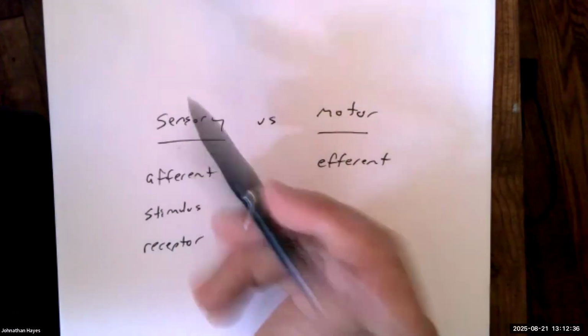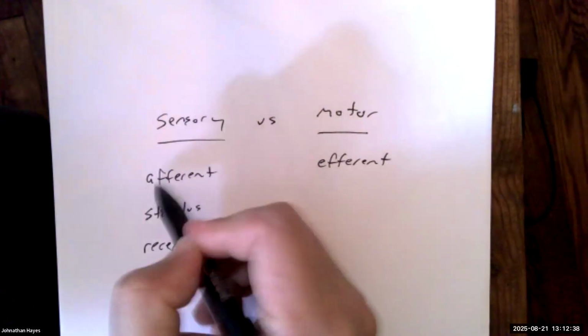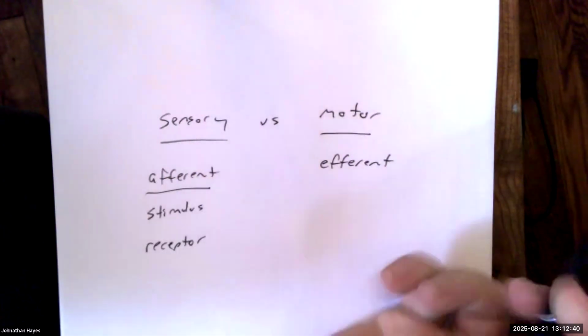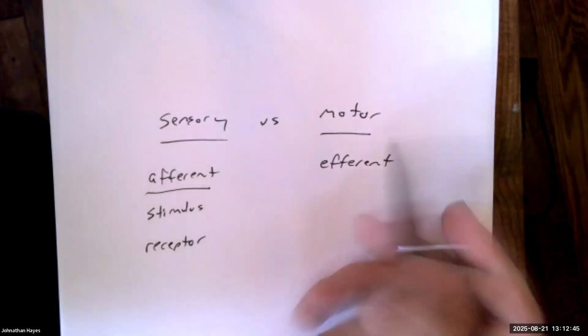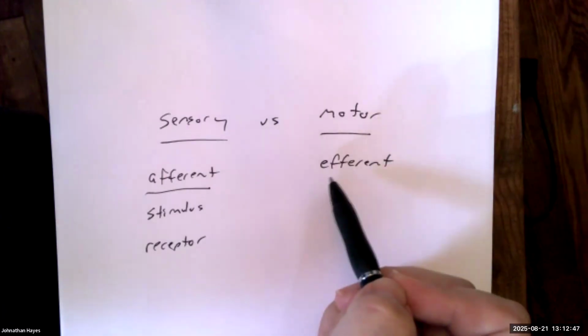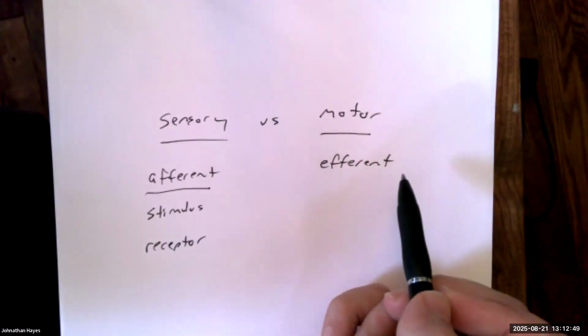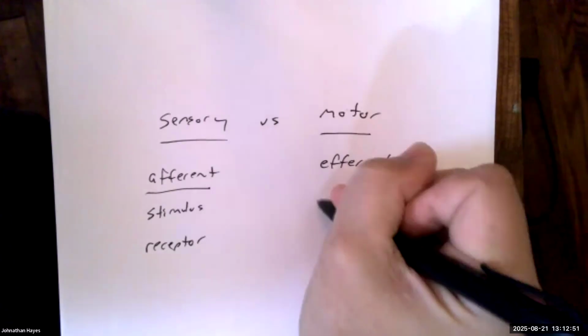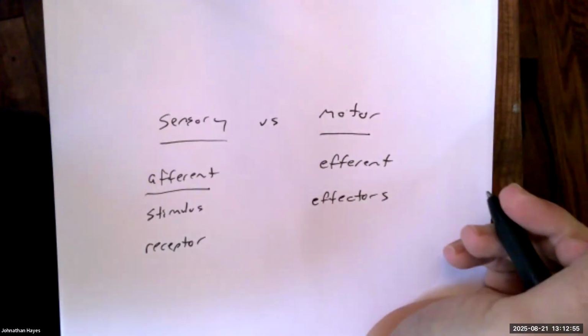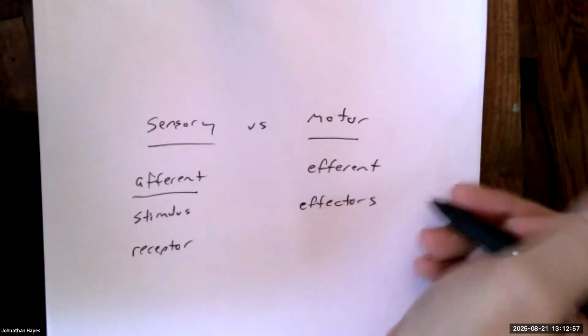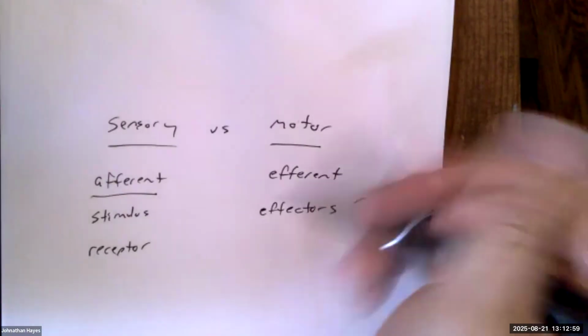And again, they're always going to be carrying information toward the CNS. So that's where the word afferent comes in. Afferent's always going toward the CNS, while motor is always going to be carrying information away from the CNS, because we're going to go out to things called effectors, right? I'm just giving you key terms here.